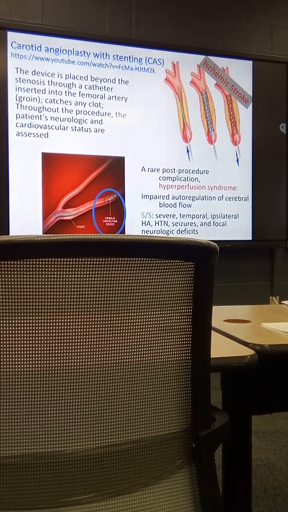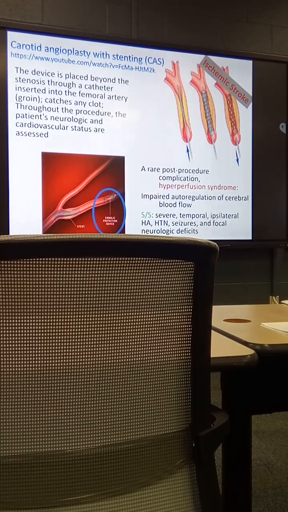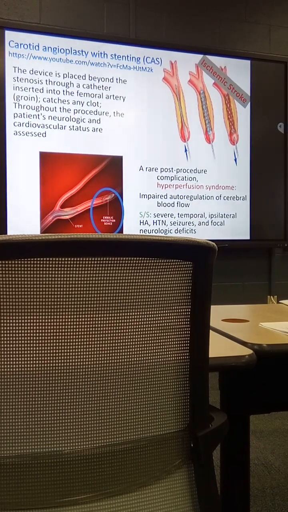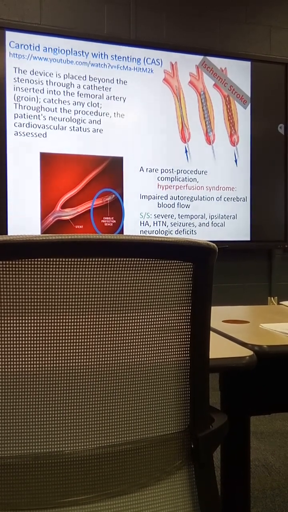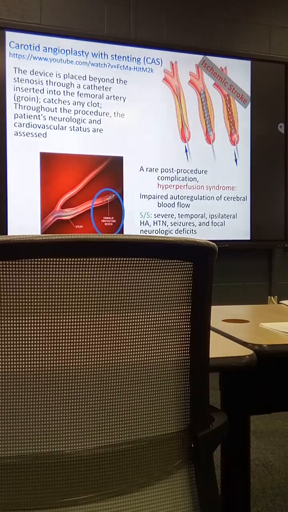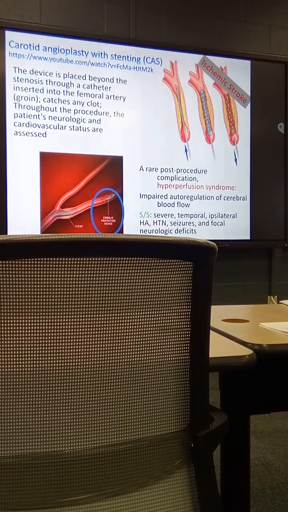The problem with a complication of ischemic stroke, with either clot removal, lysing, or putting in a stent for plaque, is hyperperfusion syndrome. Say your brain is getting a lack of blood flow to a certain area. That tissue is having ischemia, and there's some cell death there.